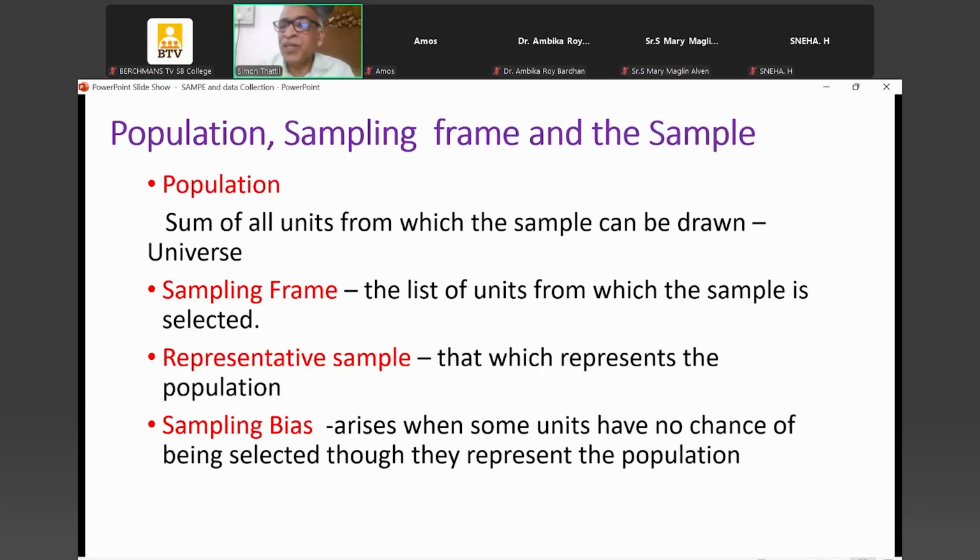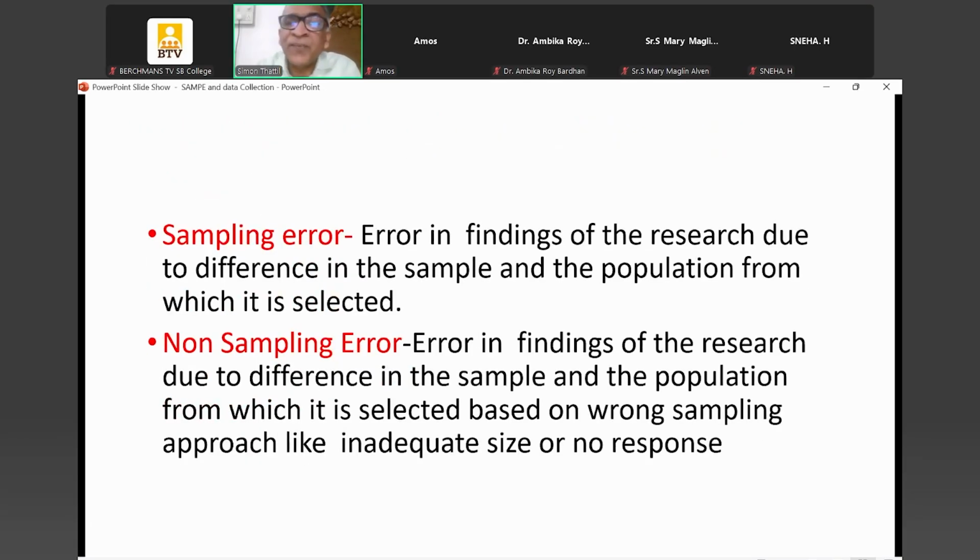So this sampling bias is something which normally does come, either because of our error in the selection or because of some other reasons. We are not rightly looking at giving every chance to all representative units to be part of the sample. Now let us understand what is sampling error.